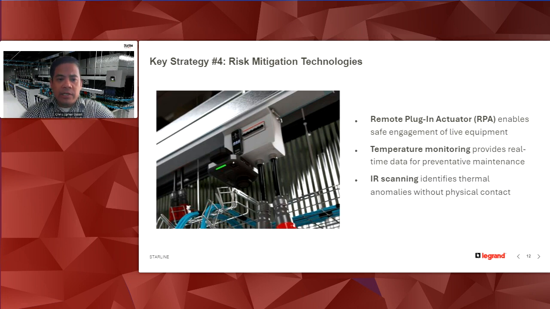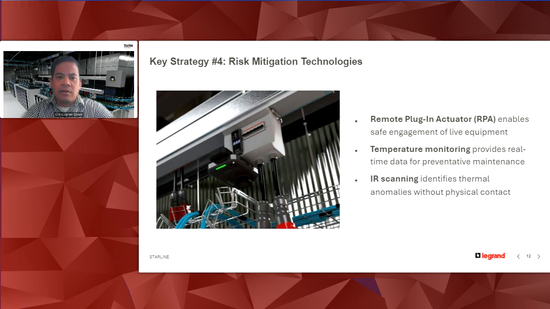So for the Starline busway system, if you want to add a circuit in the field to a live busway, you can use this RPA to remotely engage the electrical conductors and make that tap box engage to the busway system in a live situation, but outside of the arc flash zone.